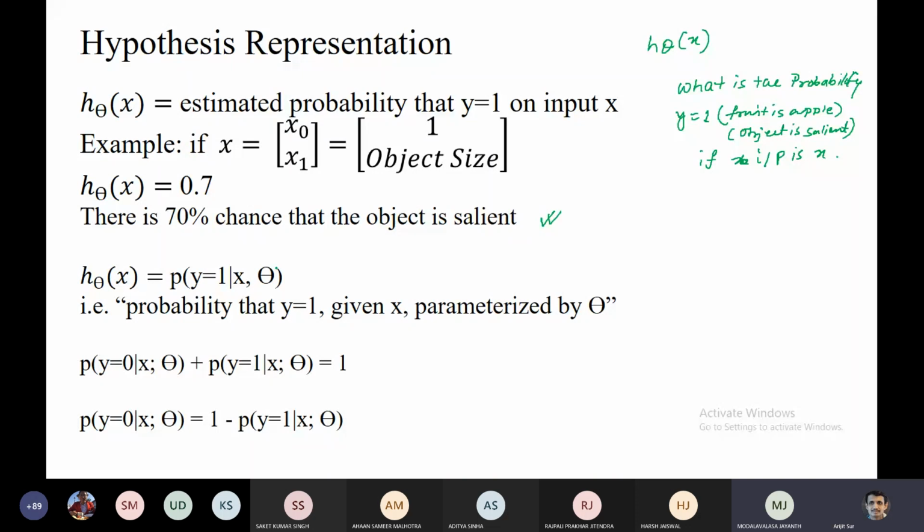Sorry. So the thing is that h theta x is basically the probability.